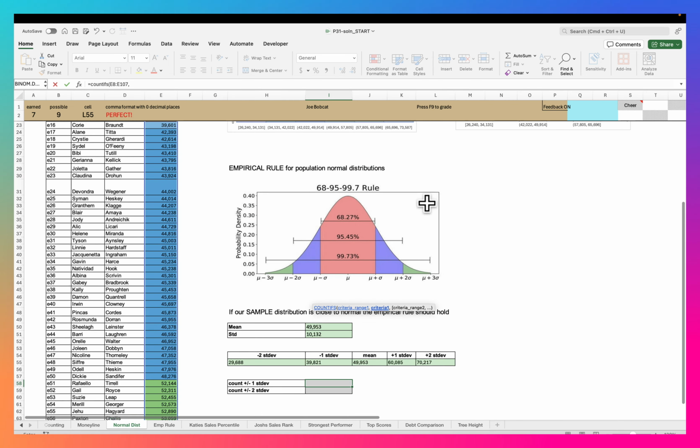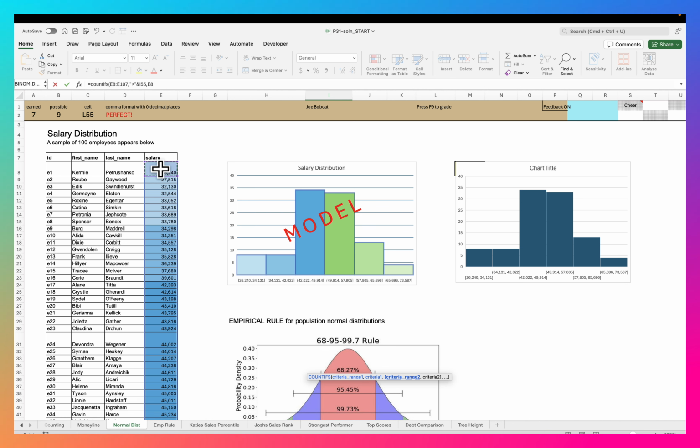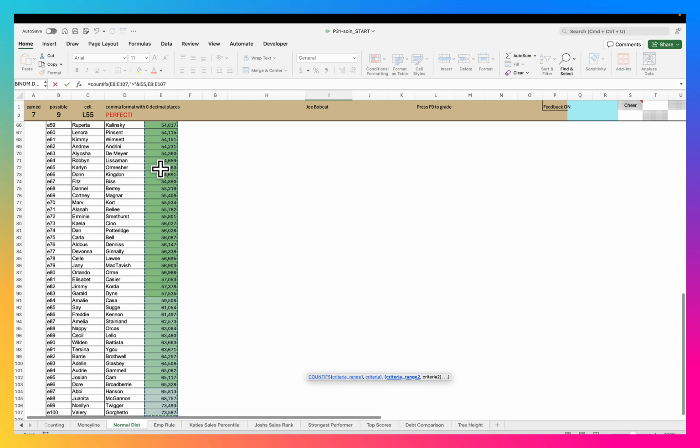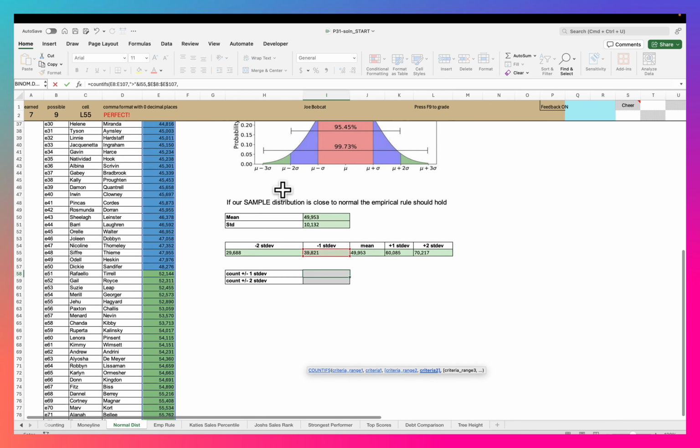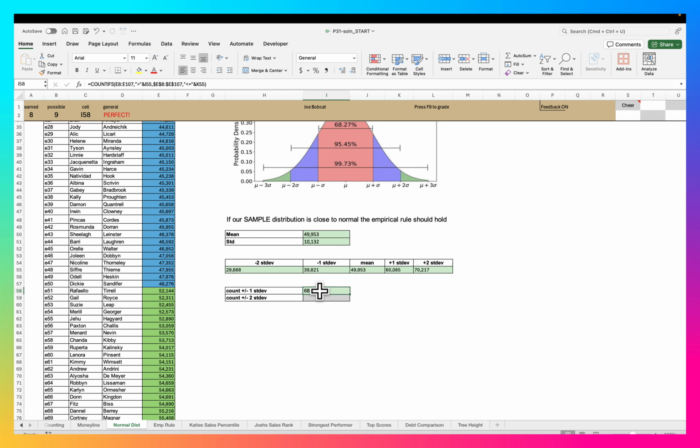And the first criteria is that we are greater than the lower bound. And then we run the same criteria range again. And this time we look to see if that's less than or equal to the upper bound here. And lo and behold, we get 68.